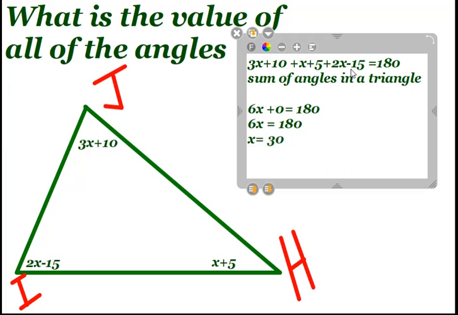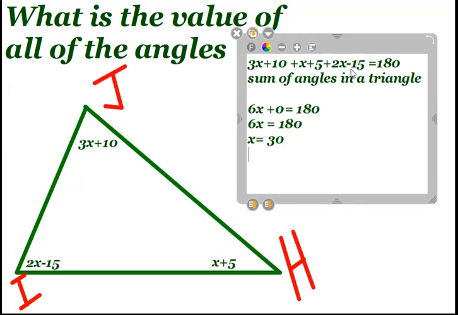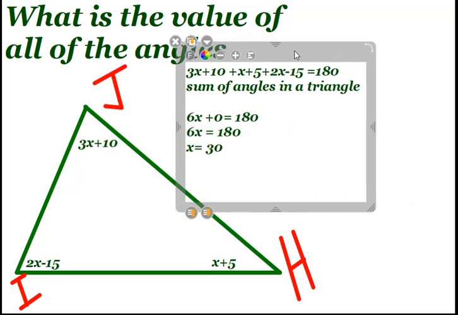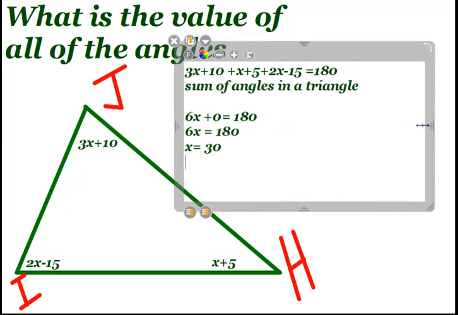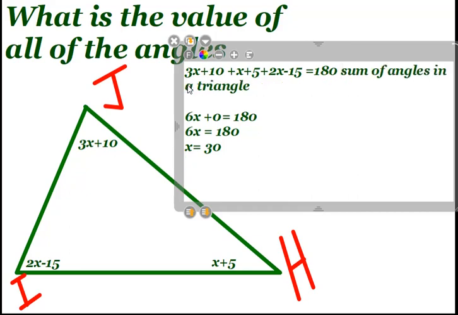But that's not it. We are not asked to solve for x, but we are asked to give the value of all the angles in triangle I, J, and H. So we now have to take this x that we've just got, and we need to substitute it in all the angles.